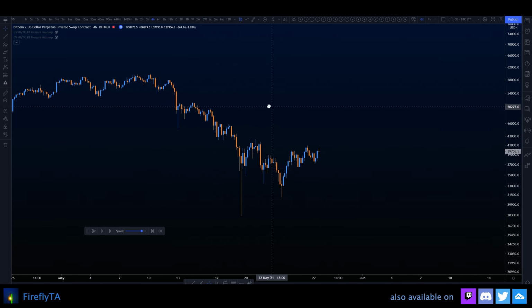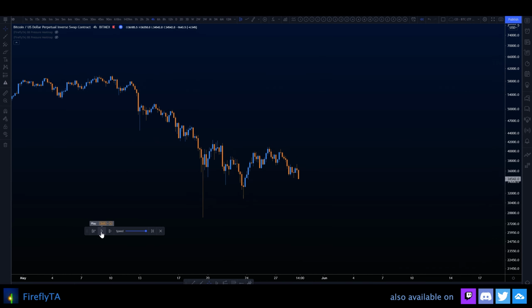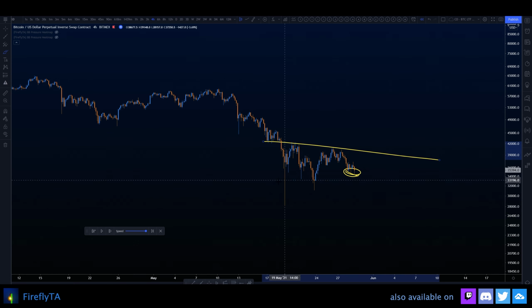Okay, so let me play this further. Now we have a little bit more data, and you can see that price is trying to find a bottom in this area here at this trend line. Now we can feel it much better. With this kind of bottom attempt, we can draw this much better.